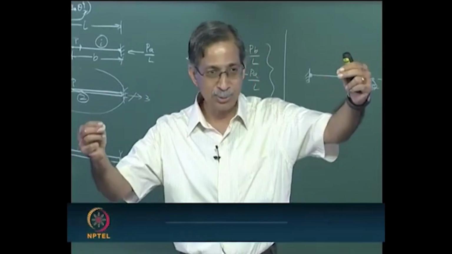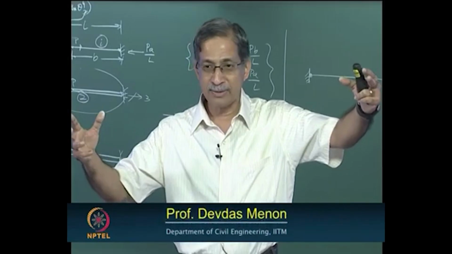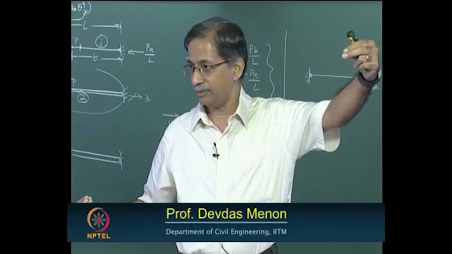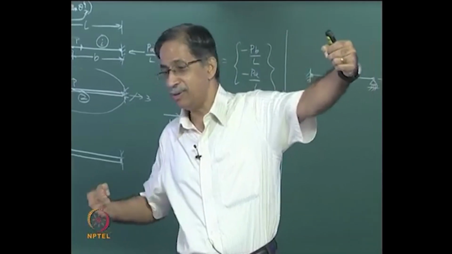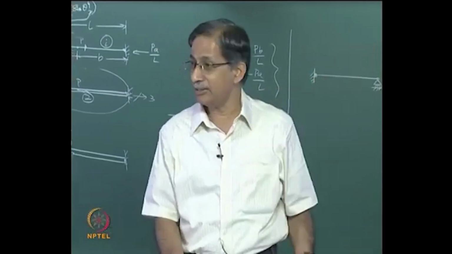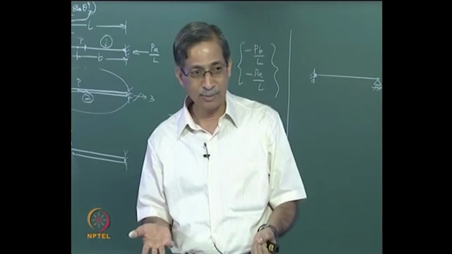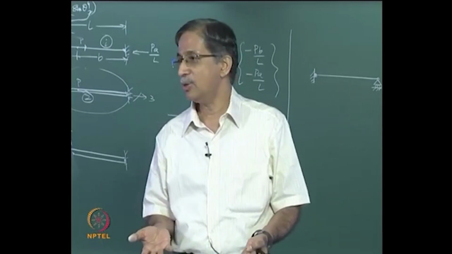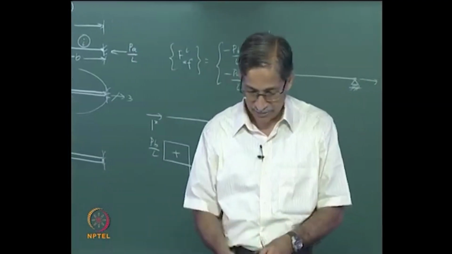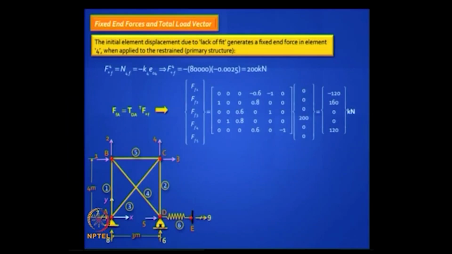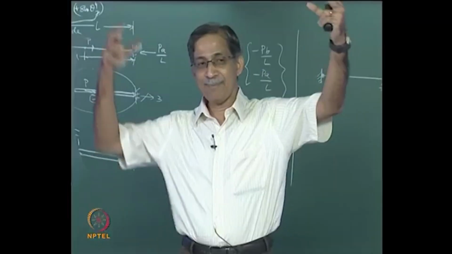The element came too short. In your primary structure, the ends are locked in the original configuration. So you got to stretch this element to lock it there. So you will get a tension, which is nothing but axial stiffness into that initial shortness in length. Got it? So you will get this F star F. Then if you do TD transpose, mind you there is only one non-zero F star F, you are converting what happens to the joints.